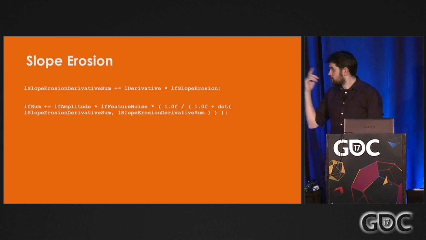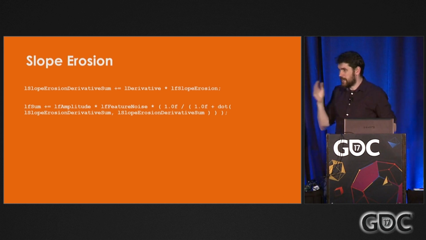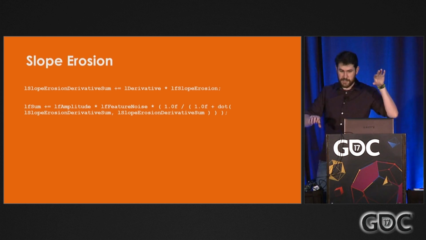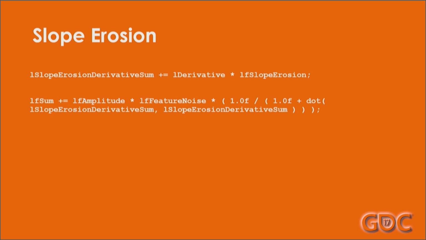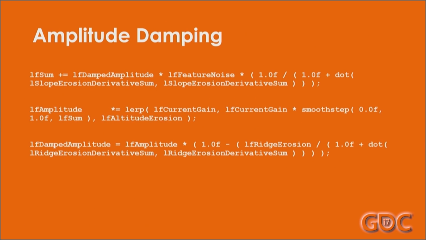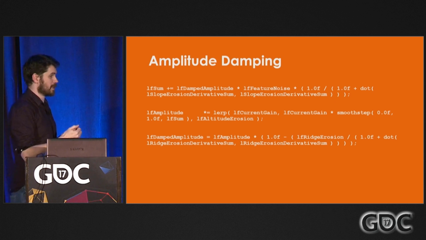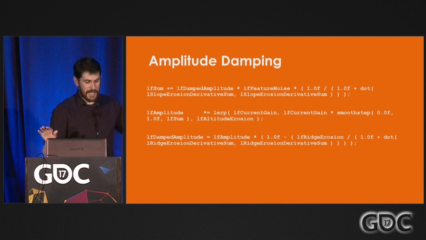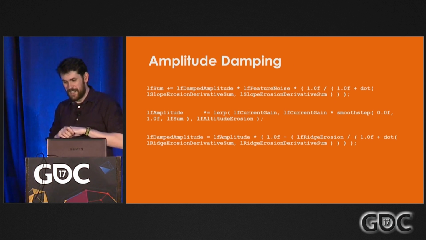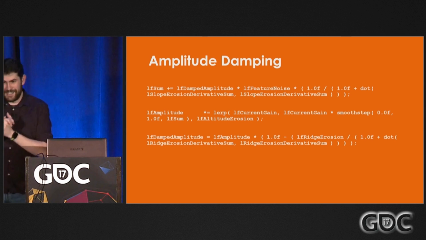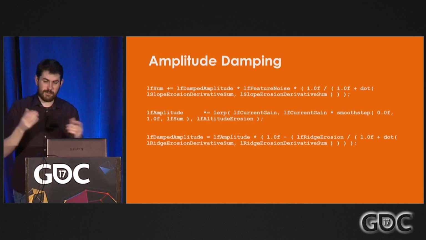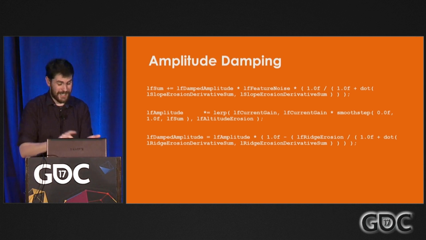Slope erosion, just like we were talking about before. Again, this is where you're going to be able to control the amount of noise and kind of detail on your slopes. You also have altitude damping, so things that you want to do sometimes is you want to have like a basin that flattens out, or maybe some, kind of like you would get in, I guess, erosion, because you have various different types of erosion, and a lot of these can be used to mimic that.